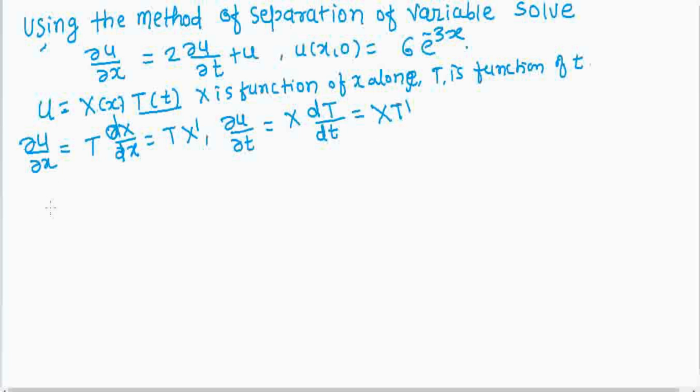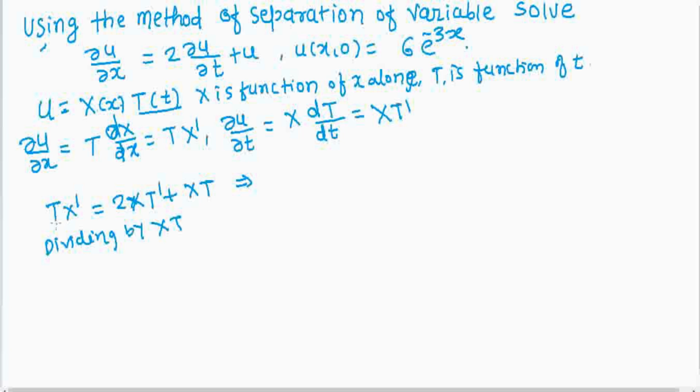Del u by del x is T into X dash, equal to 2 into capital X into T dash plus u, and u is X into T. Now let us divide throughout by X into T.